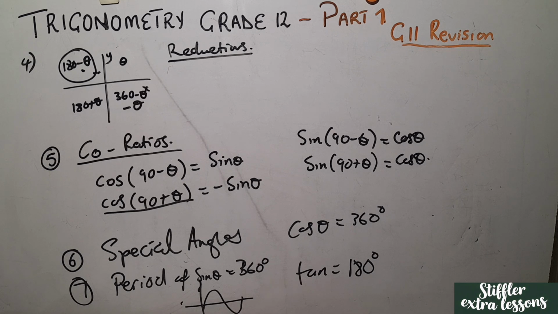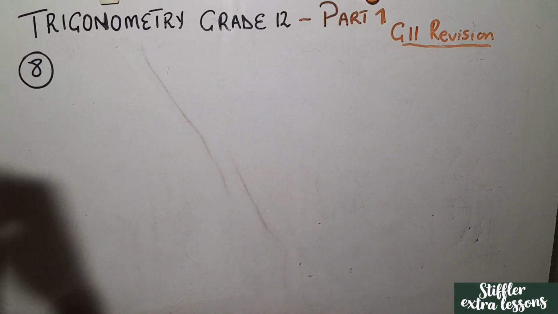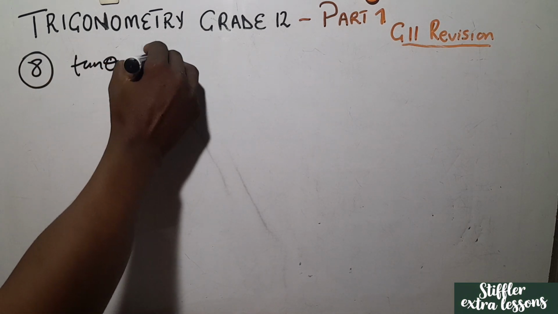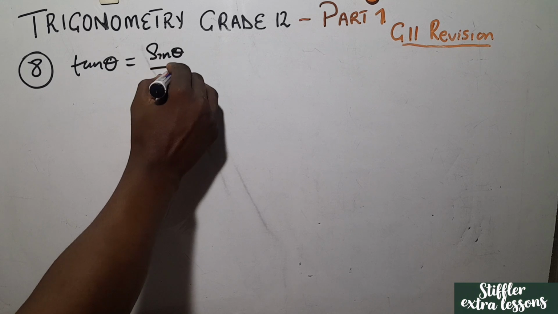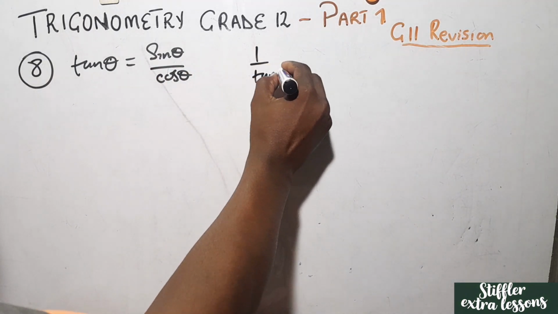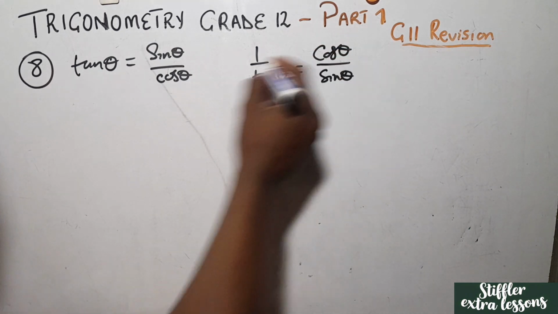So now let's move to the last tool that I will talk about, which is identities, right? So the last two I will talk about, grade 11 work, are identities. So in grade 11 work, we know that tan theta is equal to sine theta over cos theta. So it means that 1 over tan theta can become cos theta over sine theta, right?